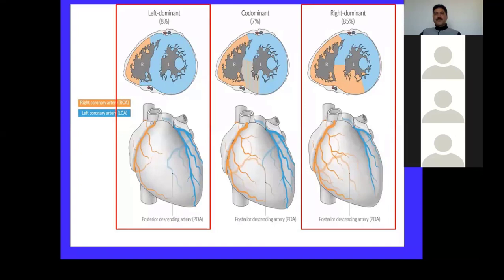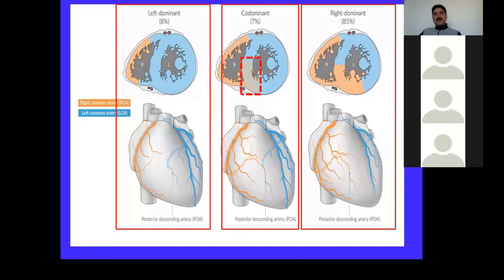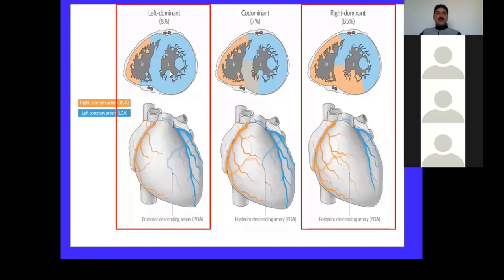Yes, sir. Before going to balanced coronary circulation, if left coronary is involved in left dominant circulation, in addition to the left ventricle, parts of the right ventricle, whole of the interventricular septum is affected.